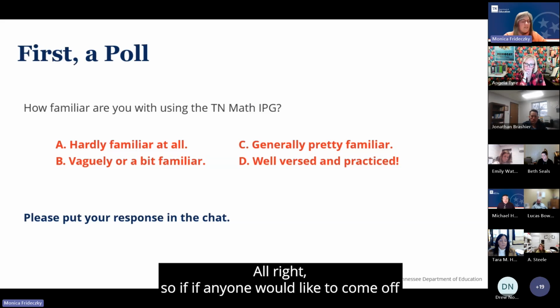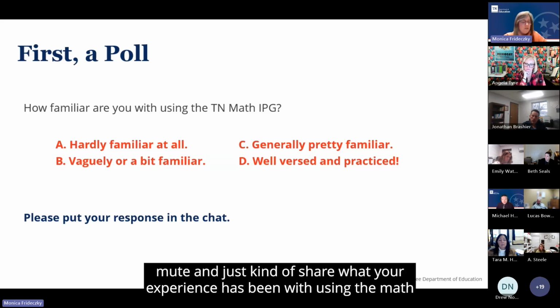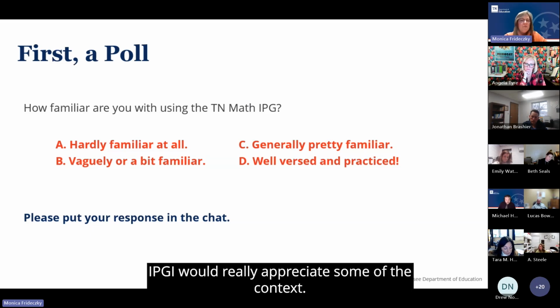All right. So if anyone would like to come off mute and share what your experience has been with using the Math IPG, I would really appreciate some of the context.